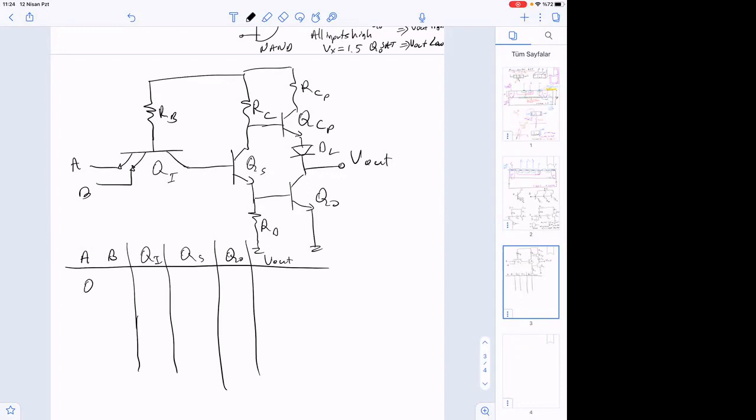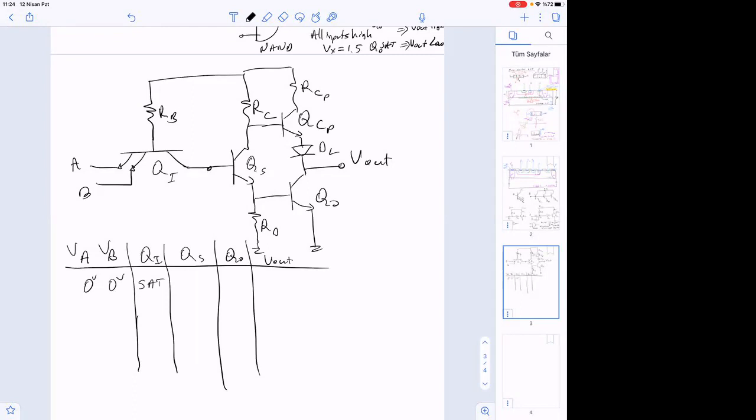So if any one of them is 0 volt, this is also 0 volt. And what is the state of QI? It should be in saturation. Okay. If QI is in saturation, then if this is 0 volt, this is going to be 0.2 volt.